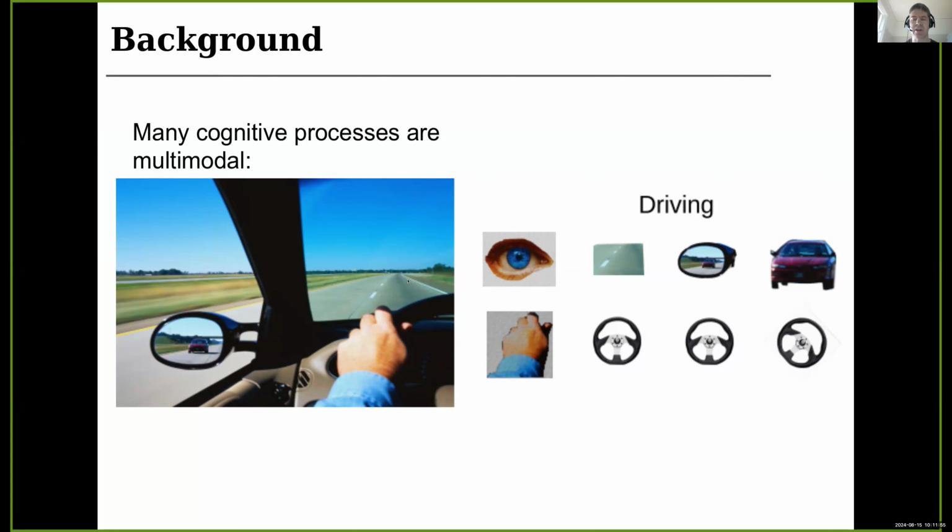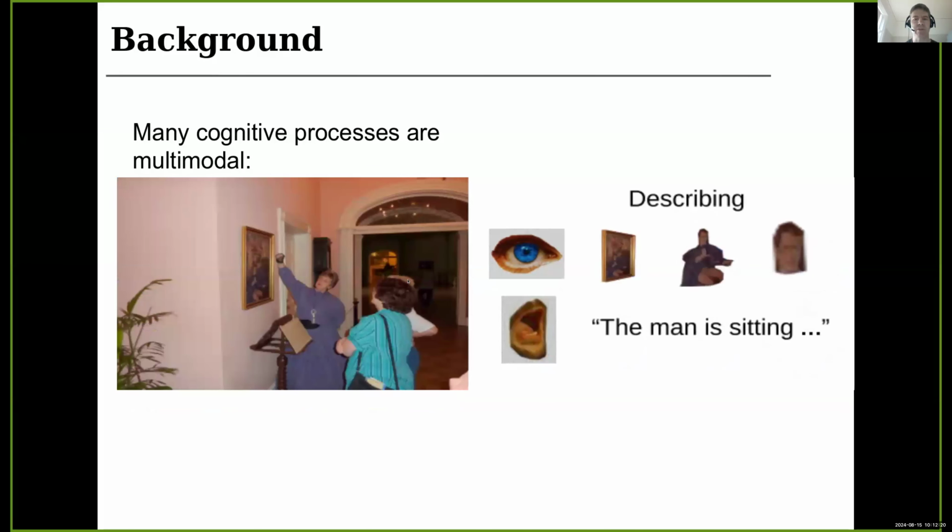For example, the hands are on the steering wheel, they're turning the steering wheel and so on. So these two modalities of motorics and vision need to be integrated for driving, and maybe other ones as well. There are auditory cues, maybe someone talking to the driver at the same time. So it's highly multimodal. And this is just a very everyday process that most of us carry out every day.